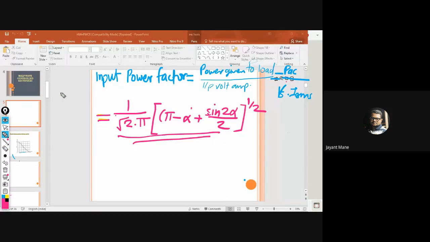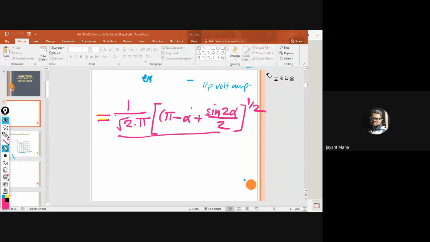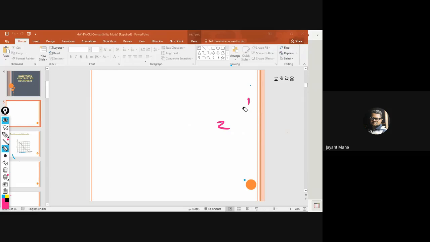Now I'll see the effect of load on the operation of controlled rectifier.